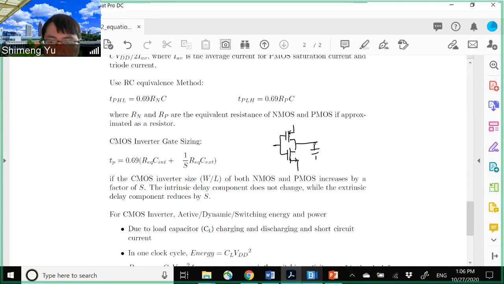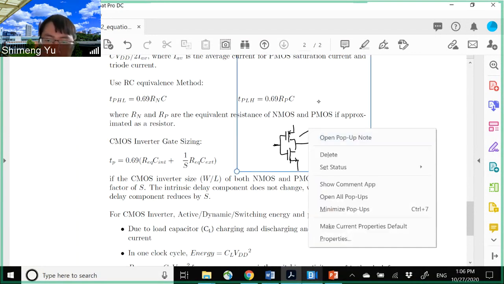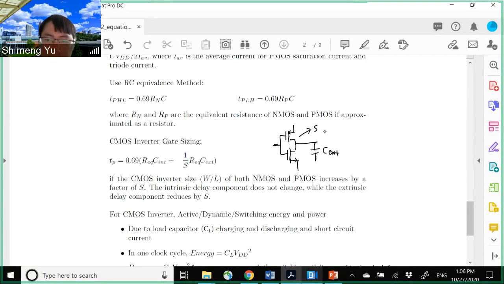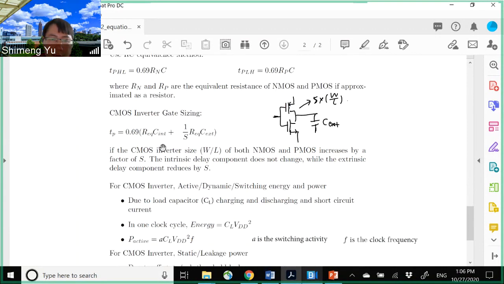So if you think about the inverter driving the external capacitance, if we increase the size of the inverter by S factor, that means S times your W, then the intrinsic delay, this part will not change, because here the capacitance will be increased.